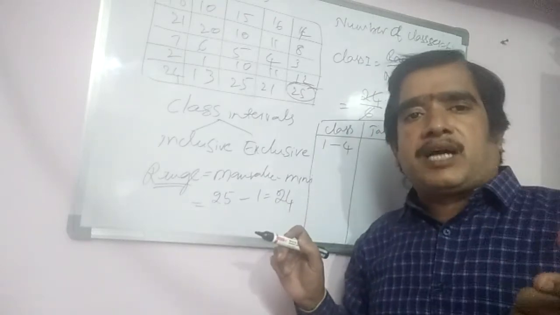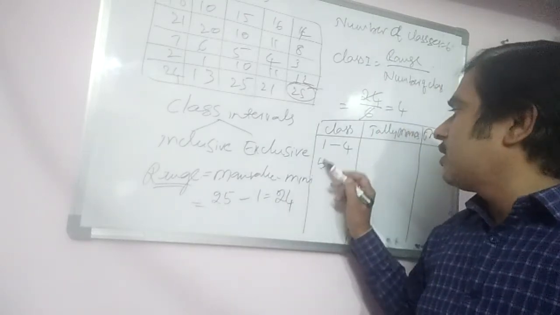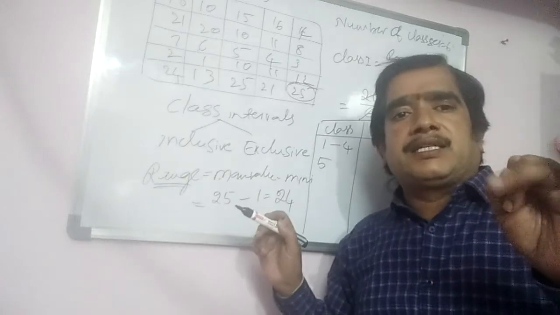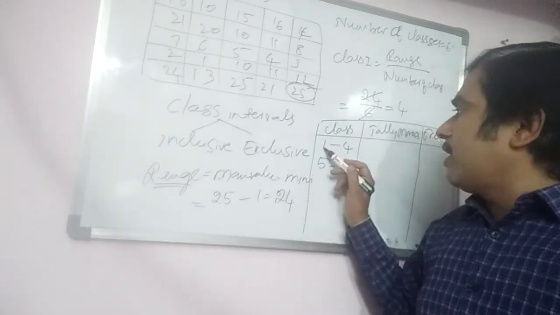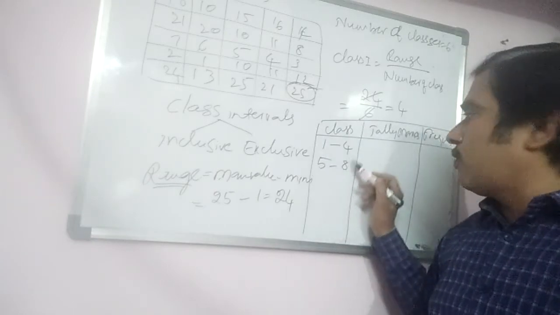Then the next number starts with 5: 5, 6, 7, 8. You can take it like that, or 1 plus 4, 5. 4 plus 4, 8.